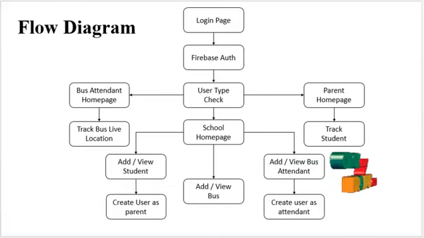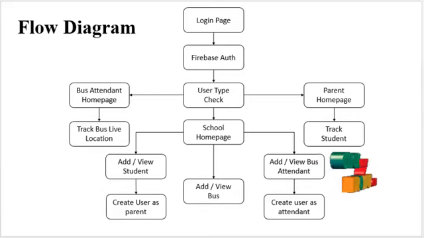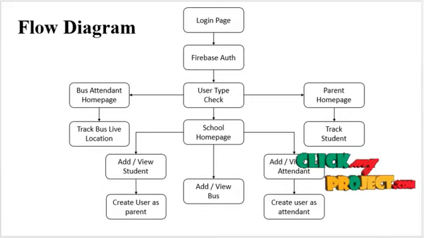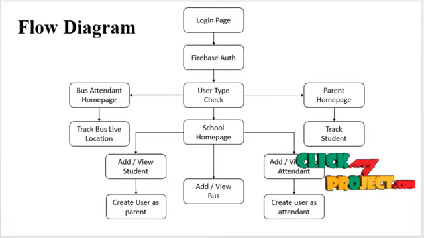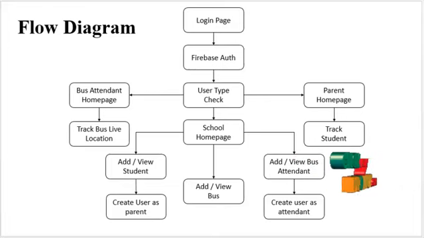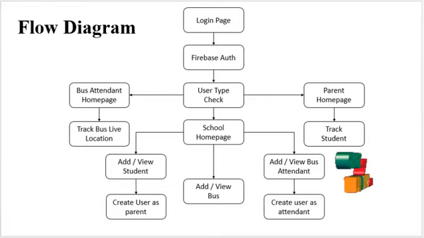In the bus attendant page, track the student and set the bus live location. Then the school home page: add or view the students, or create a user as a parent. Add or view the bus, add or view the bus attendant, and create a user as an attendant.